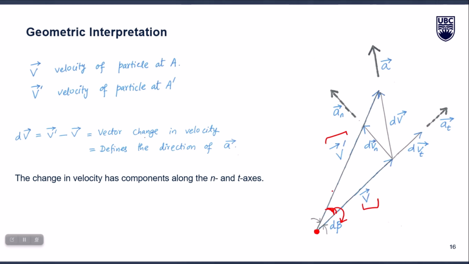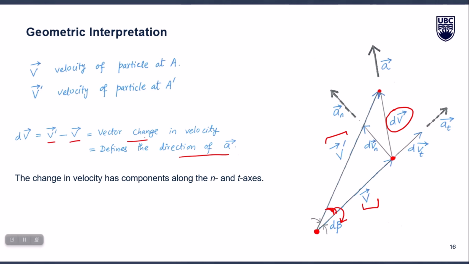So I get a triangle which has v vector and v prime vector as its sides, and a vector quantity which starts from the tip of v and ends at the tip of v prime is actually the change in velocity vector, right? So dv vector is the change in velocity vector. It is equal to v prime vector minus v vector. It is the vector change in velocity, and it also defines the direction of acceleration.